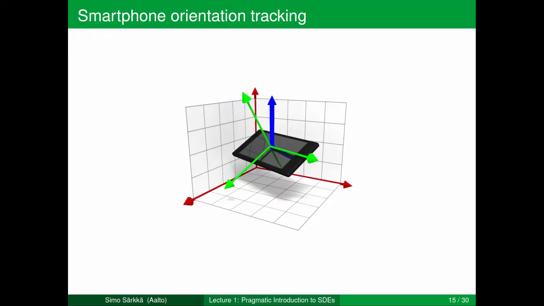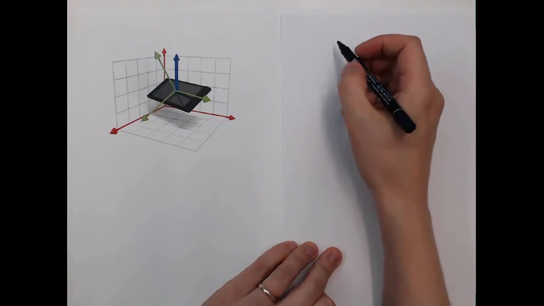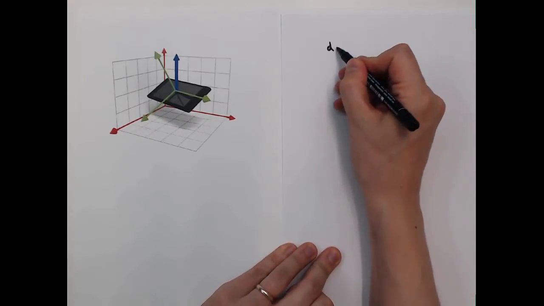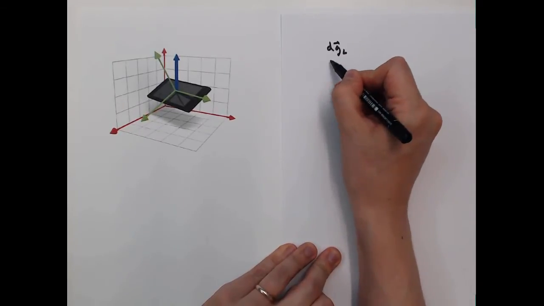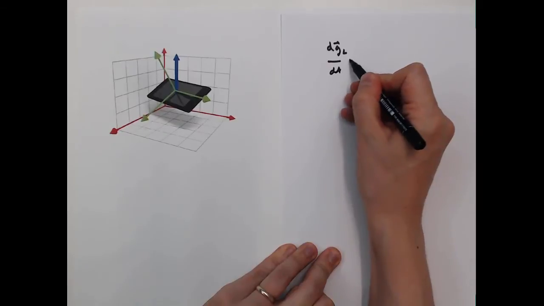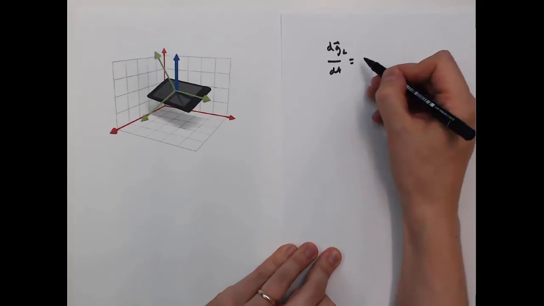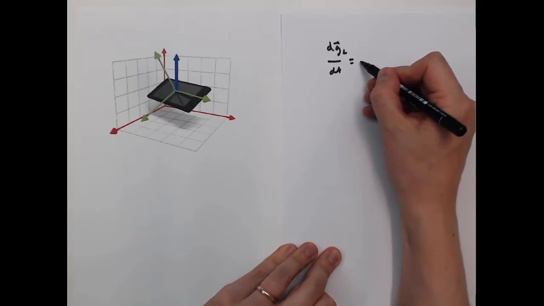Of course, depending on the place where you are on the Earth. So it turns out that you can actually write down the differential equation for the gravitation seen locally. It's a 3D vector, and the time derivative is completely determined by the local angular velocity measured by the gyroscope.